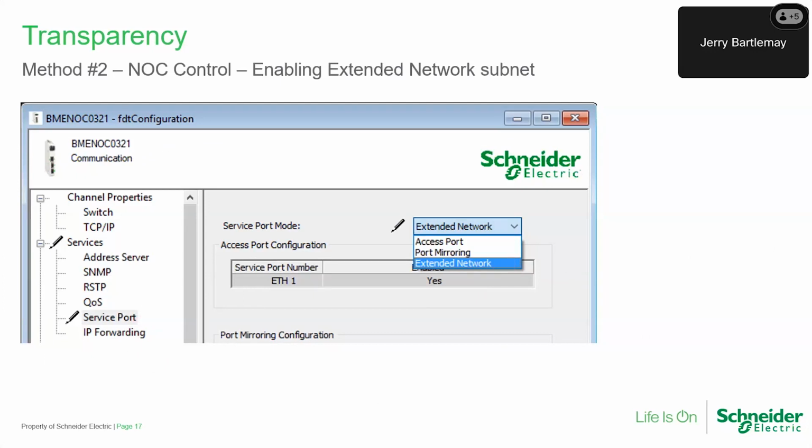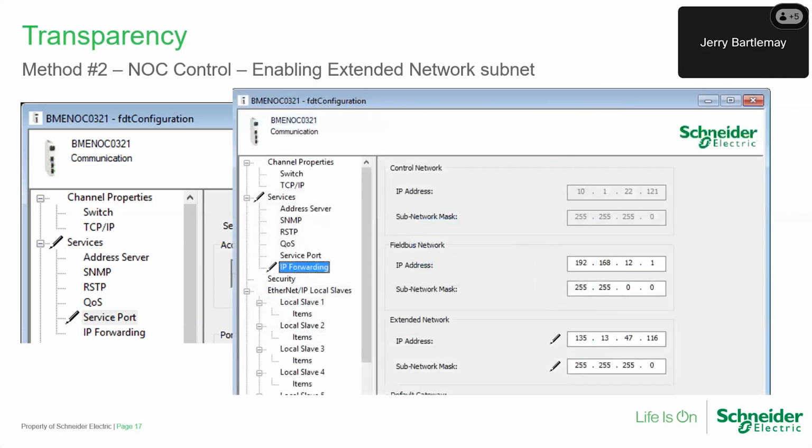And so if we select that, now we've just created our third subnet. And when we come back to the IP forwarding page, now we have the last information that we need, which is we can give it the IP address for that NOC module and the subnet for the extended device port.